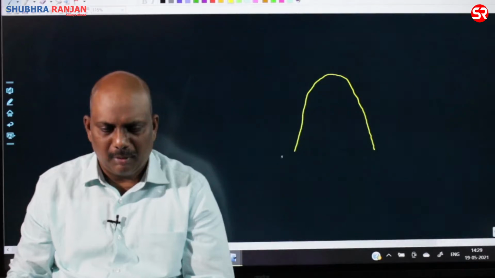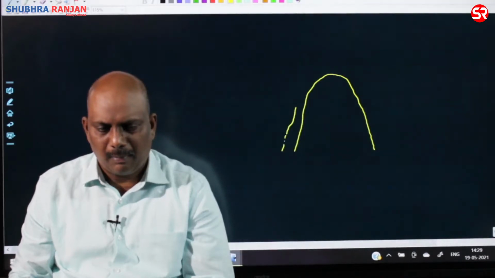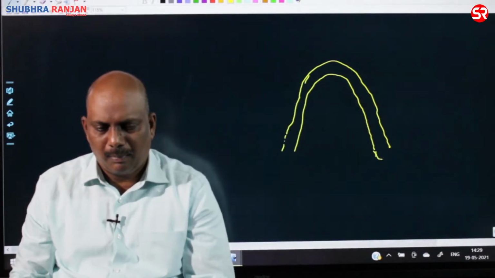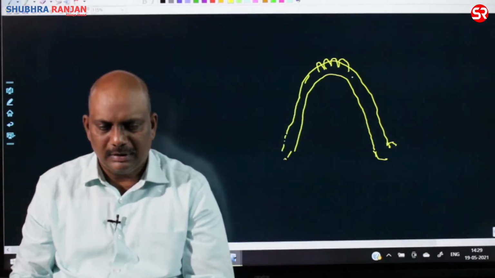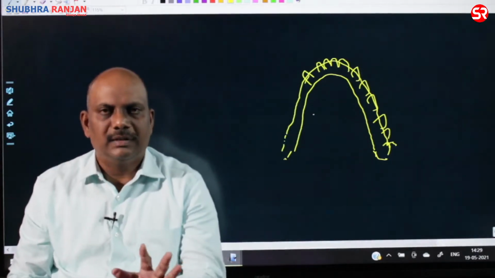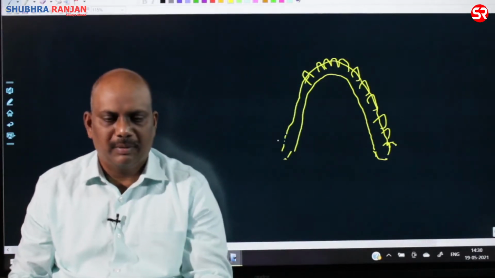It used to be like a parabola. Here our 4 incisors, canines, premolars, and 3 molars will be there. Are you okay with this? So this is parabola shaped.